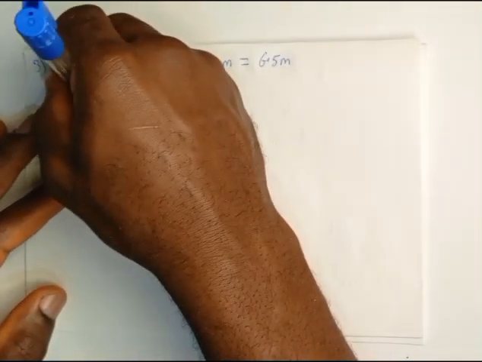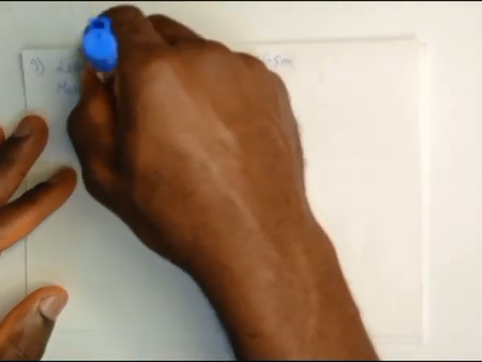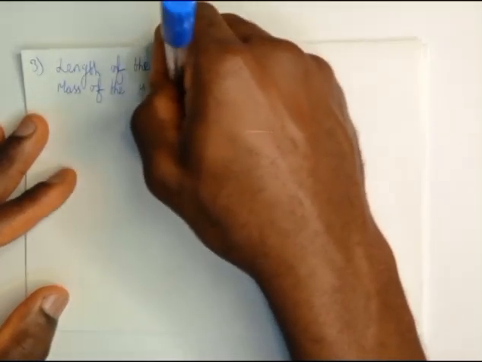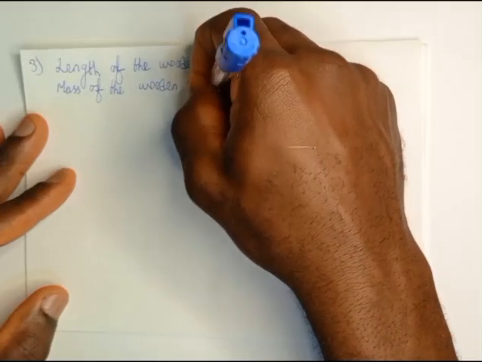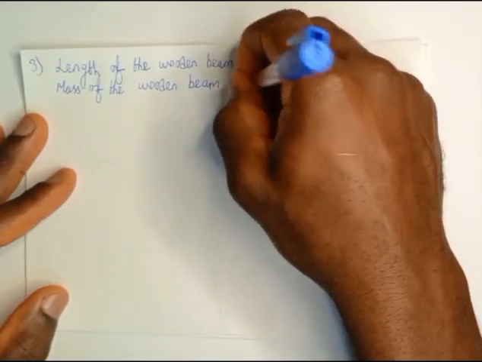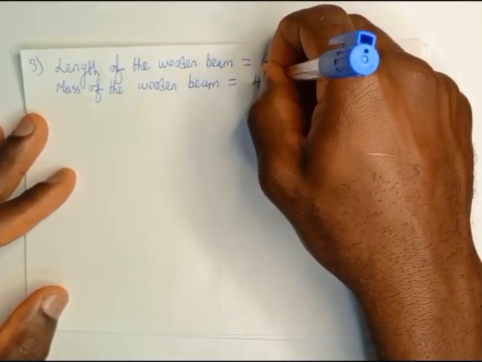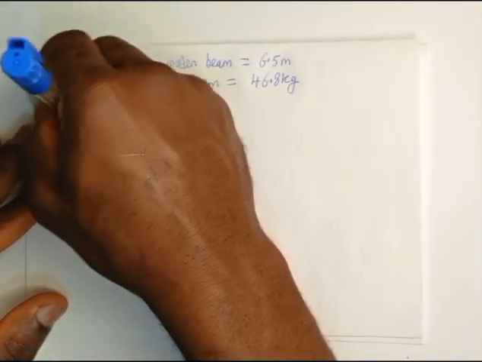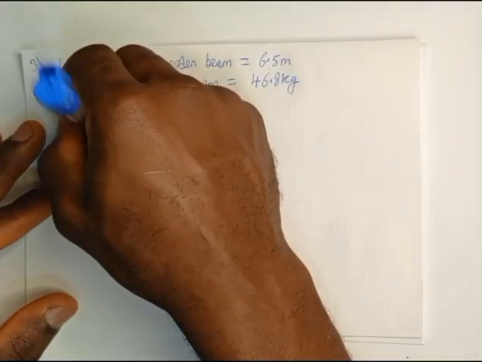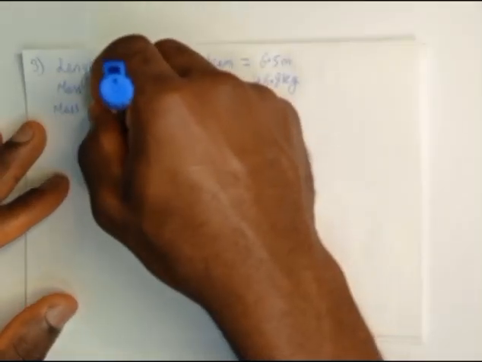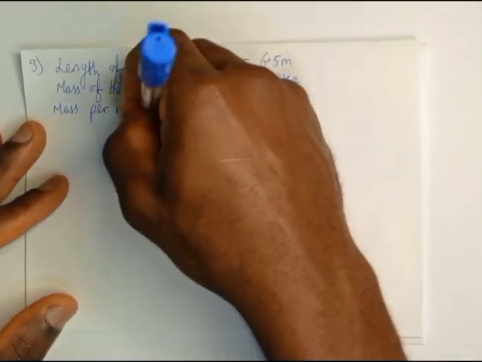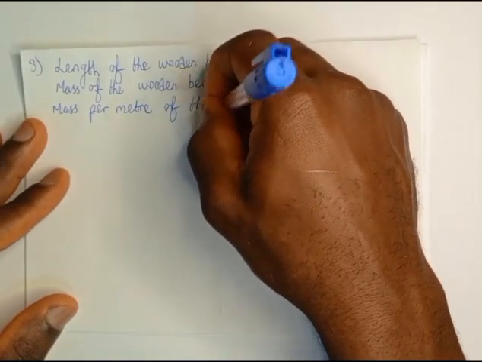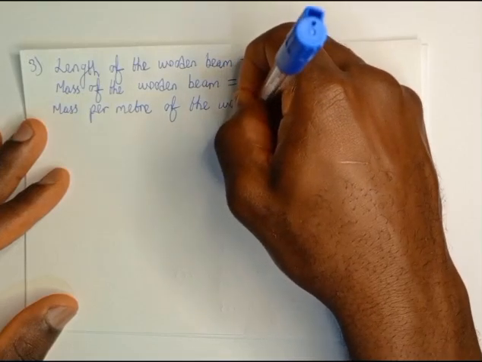Next, the mass of the wooden beam is equal to 46.8 kilograms. We need the mass per meter of the uniform wooden beam.